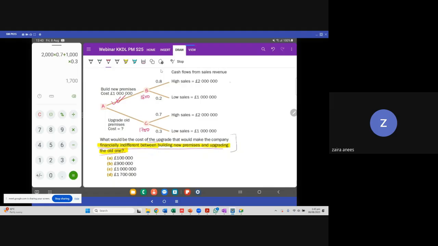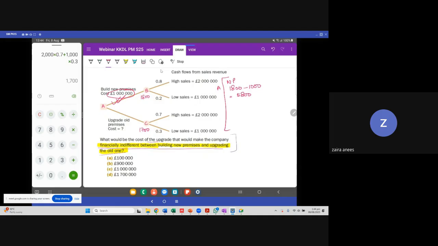If you build a new premises at point A, you will get a benefit of 1800 and you will have to bear a cost of 1 million. That means you will have a benefit of 800 in the first part, right?